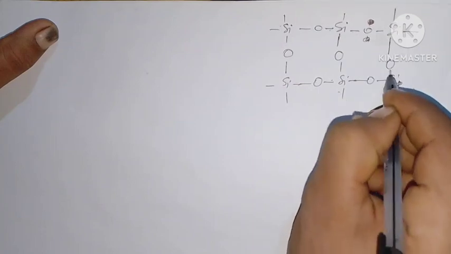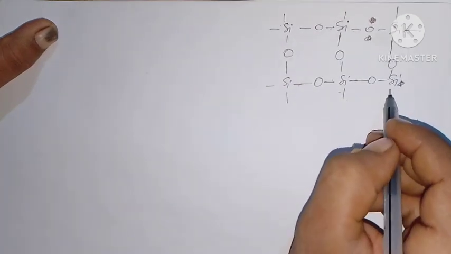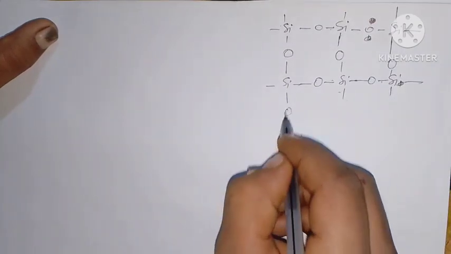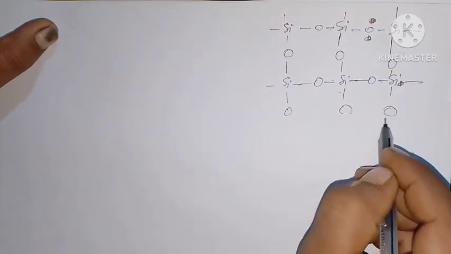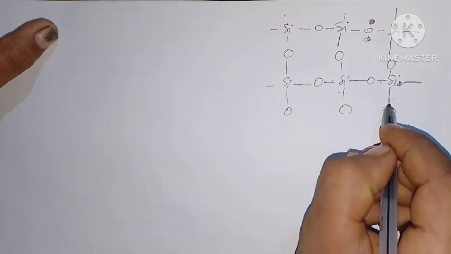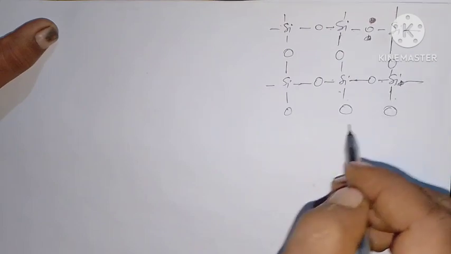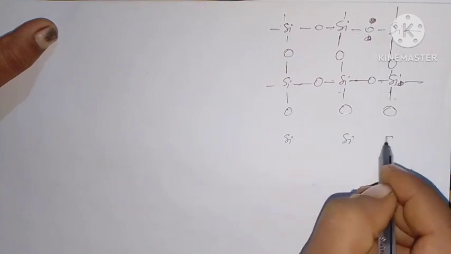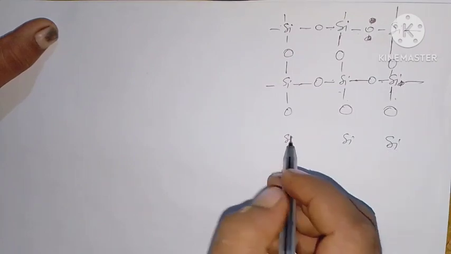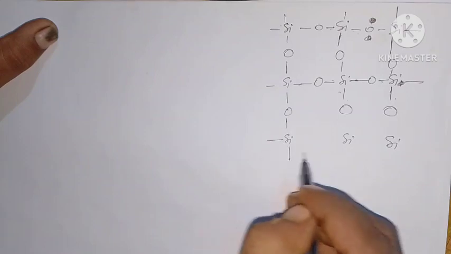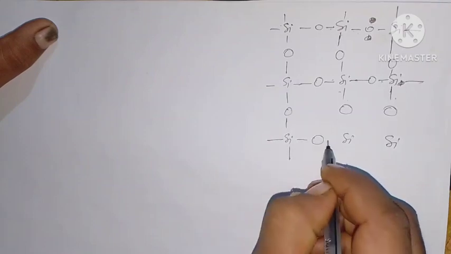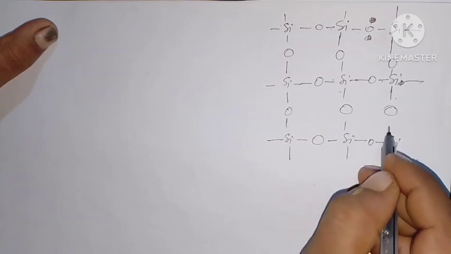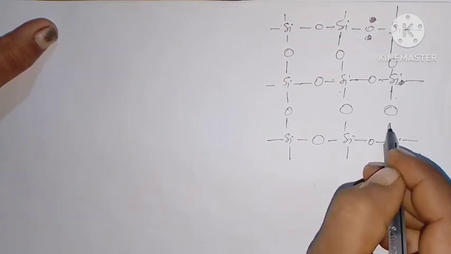Okay, silicon, 1, 2, 3, 4. Okay, and next oxygen, oxygen added by single bonding, and that is silicon, and that is 1, 2, 3, 4, 1, 2, 3, 4, 1, 2, 3, 4.